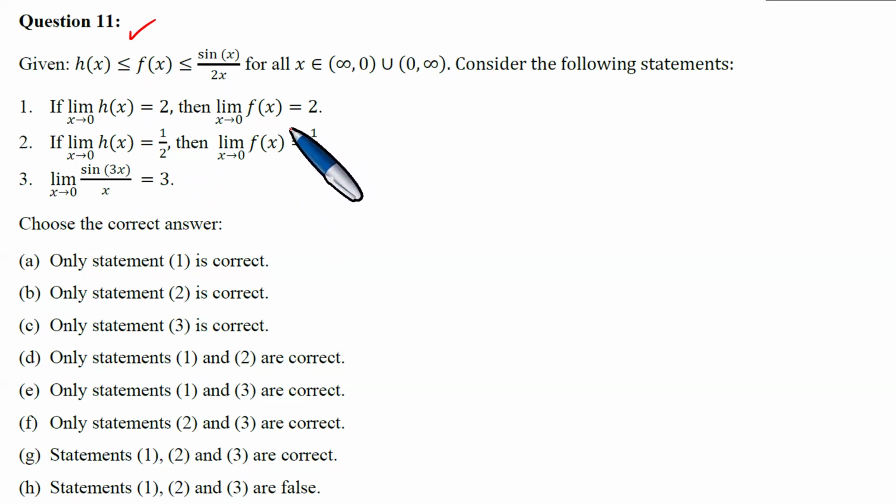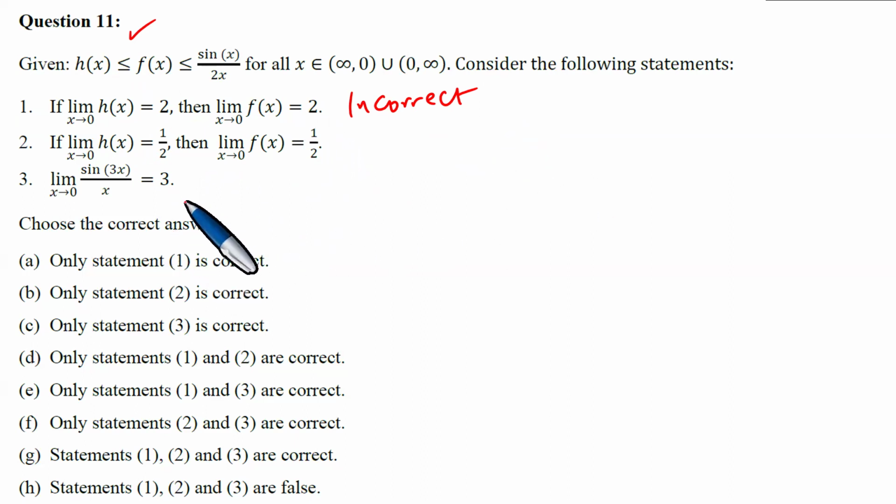So you're able to see, if you look very carefully, this one would be incorrect. It would be incorrect because if the limit of h(x) is 2, it would not just mean the limit of this is actually 2 as such.